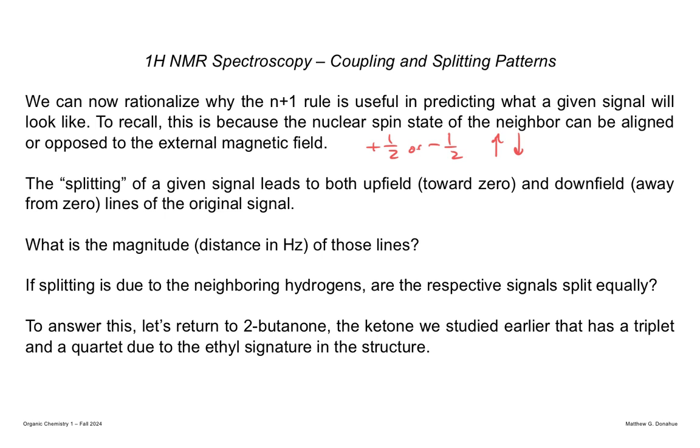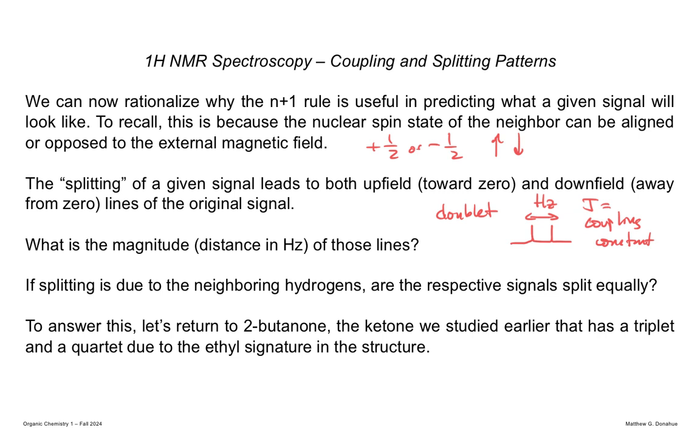And so what is the magnitude as measured in hertz of those lines? For example, if you have a doublet, what the question is asking, what is this distance in hertz? And so that's reported as the coupling constant J. So if 2 signals are coupled, that coupling constant has to be the same for both of them.